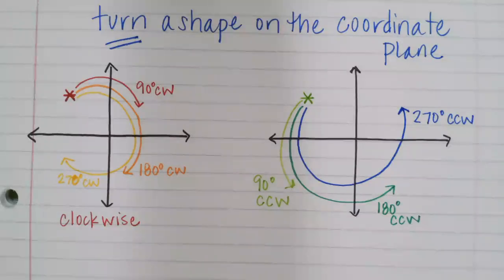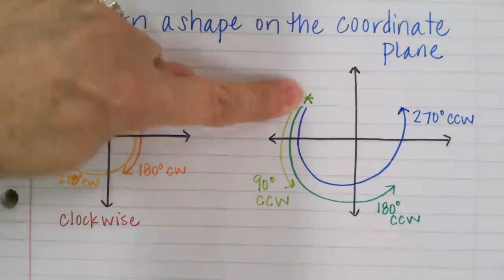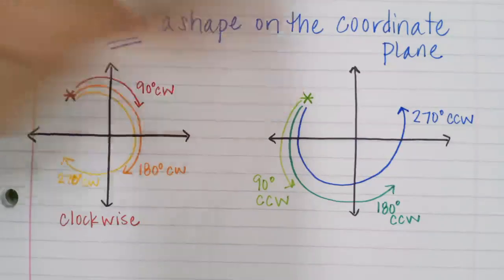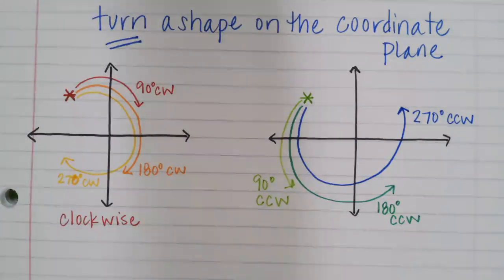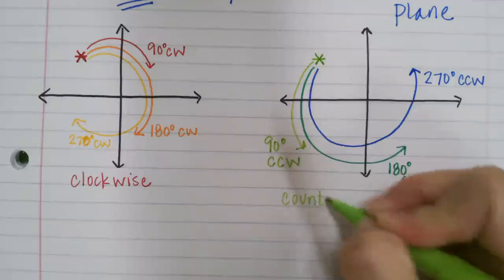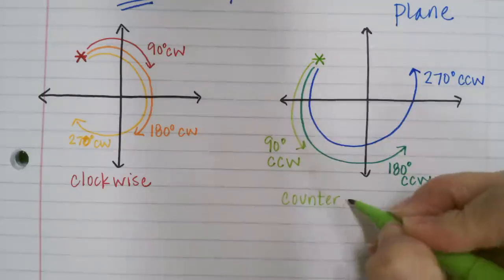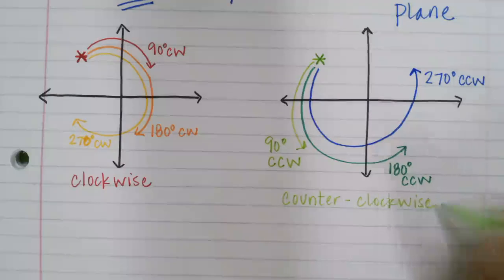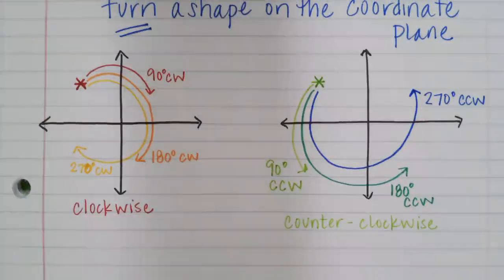Okay, so what's going to happen is we're going to start with our object, and we're going to be told whether we are going to go clockwise or counterclockwise, which means the opposite direction of a clock.